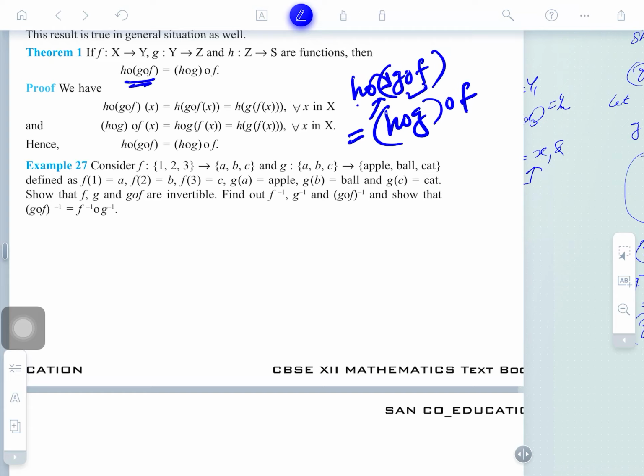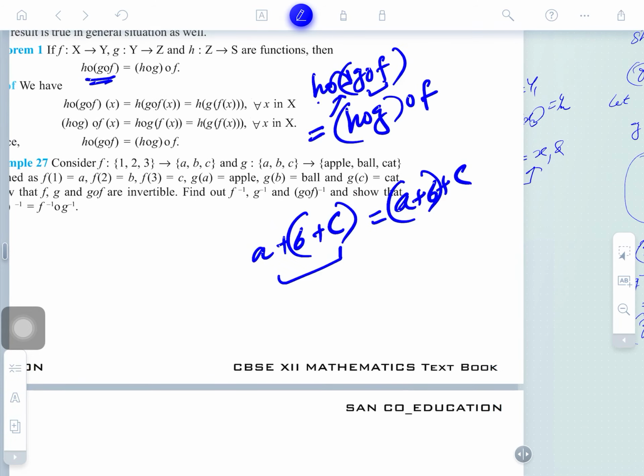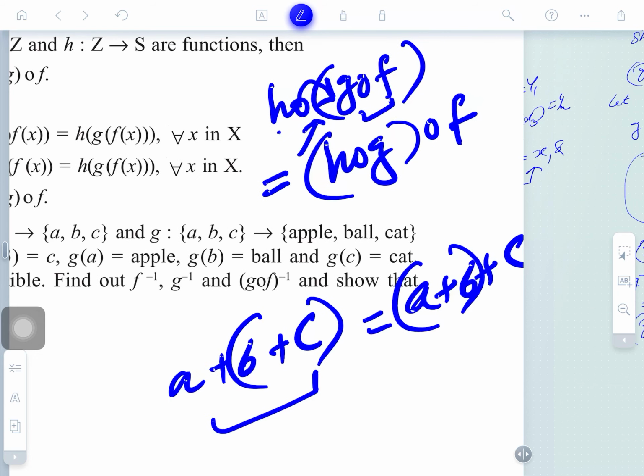It's called associative law. Just remember here it is a plus b plus c, and here is also a plus b plus c. First the plus is with that and the latter is this. It means if you will add first b and c and then add to a, it will be the same thing. What you will do, a plus b to c, the same here. The composition of g and f, we will read here, composition of h and g of f, composition of hog and f.